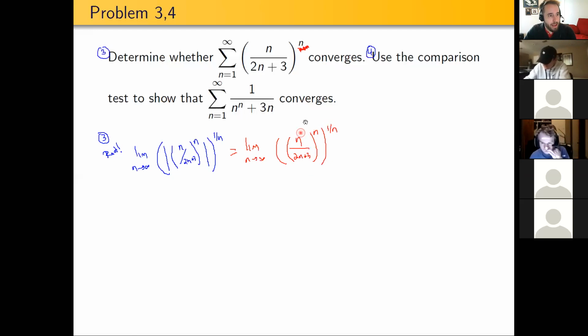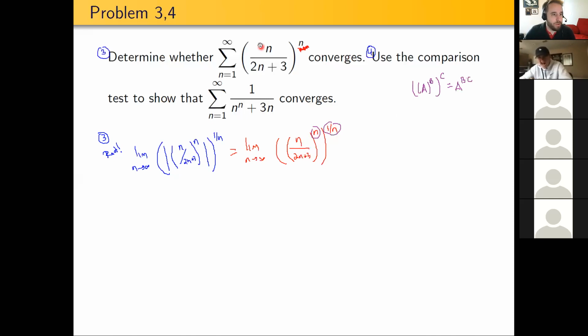And the reason why this is so great is because the n and the 1 over n, by rules of exponents, just cancel each other right out. We know that a raised to the b raised to the c is just equal to a raised to the b times c. And so here this becomes the expression in the innermost parentheses, n over 2n plus 3, raised to the n times 1 over n.